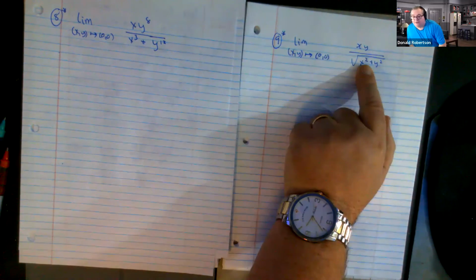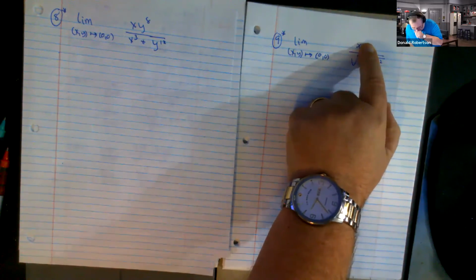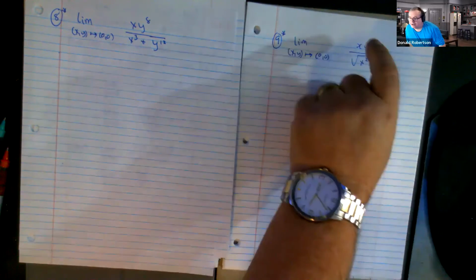Let's do 9, which is much more straightforward. Would you agree that if you plug in 0, 0, you get the dreaded indeterminate form, 0 over 0?